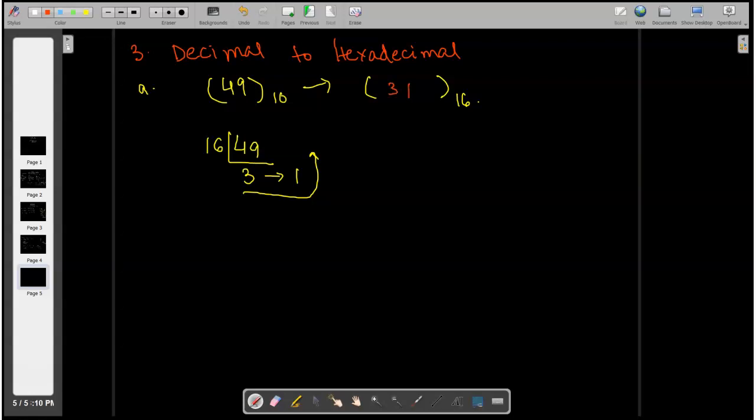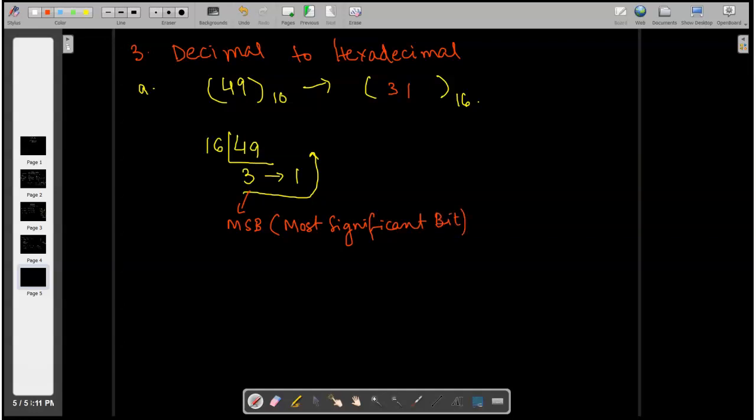The answer would be 31. When we are writing this, the bottom one is known as MSB. The full form of MSB is most significant bit.